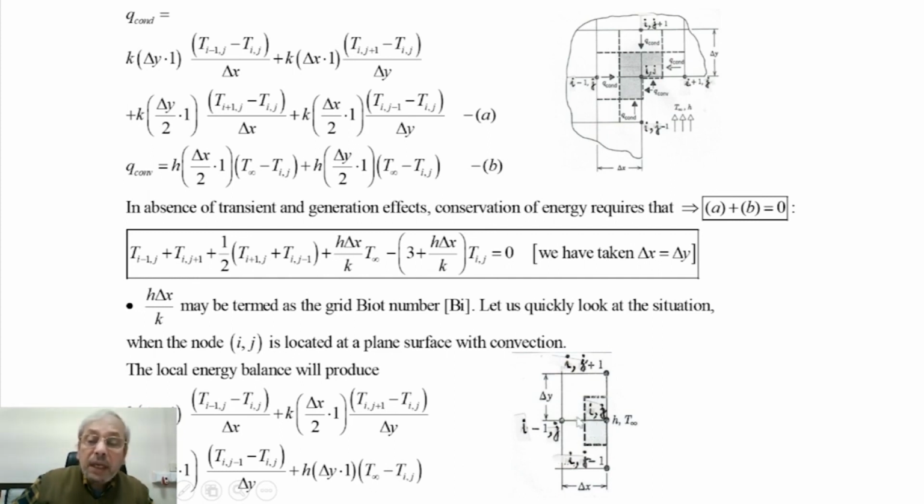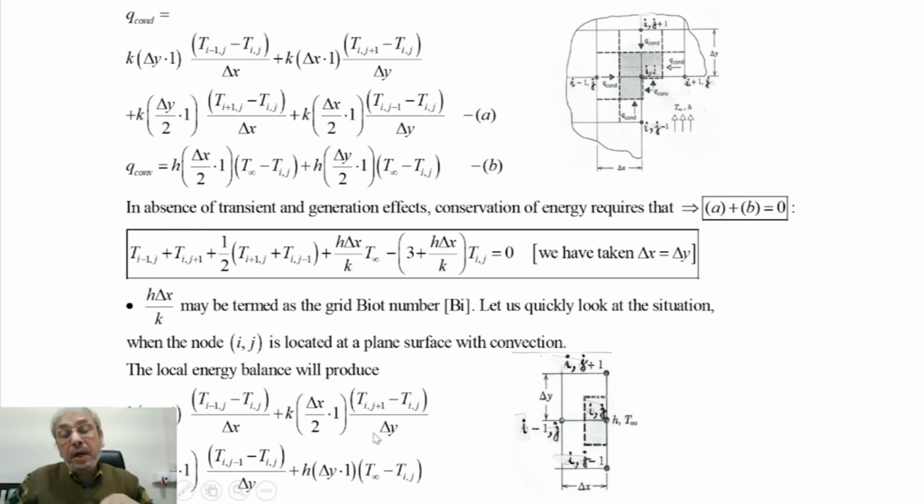First conduction: K delta y into 1, the cross section through which energy is conducted, times Ti minus 1j minus Tij divided by delta x, the gradient, plus k delta x by 2 into Tij plus 1 minus Tij by delta y, the gradient in y direction, plus k delta x by 2 into 1 multiplied by Tij minus 1 minus Tij by delta y, and then convection is H into delta y into 1 into T infinity minus Tij.